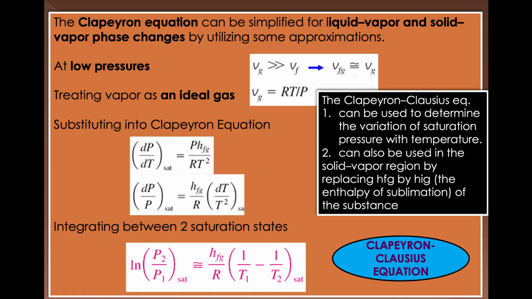So we substitute v equals RT per P, and then we rearrange it to get this.